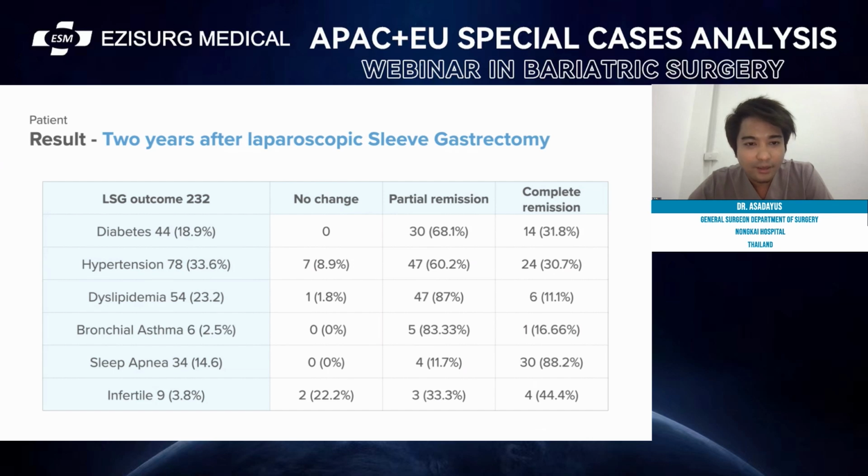For sleep apnea, after surgery every patient improved: partial remission in 4 and complete remission in 30.